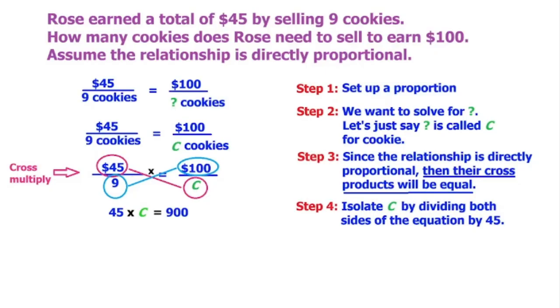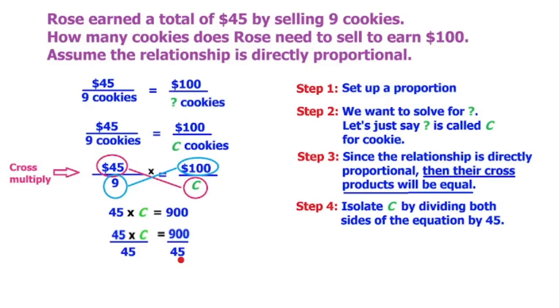So step 4, isolate C by dividing both sides of the equation by 45. So because C is being multiplied by 45, to undo that, we divide. We divide by 45. And remember, when you're dividing by 45, you have to do it to both sides of the equation, okay, to keep it equivalent.